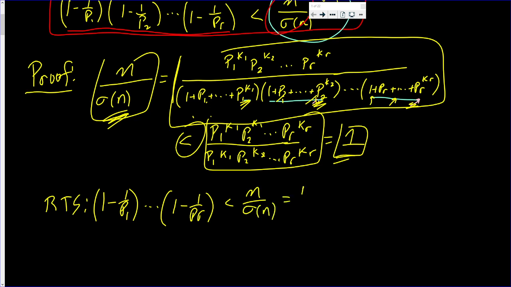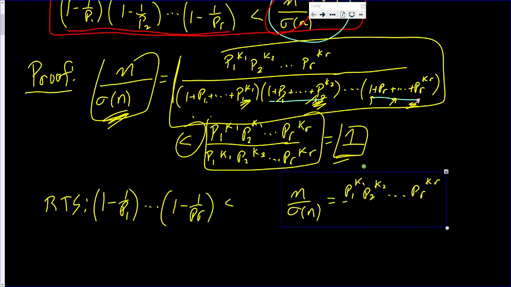But n, of course, is p1 to the k1, p2 to the k2, all the way down to p r to the k r.